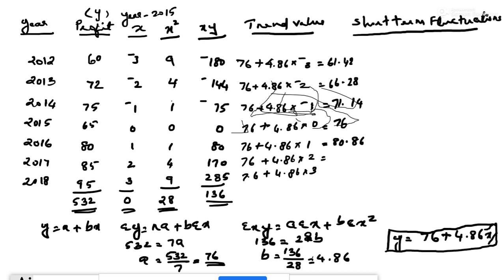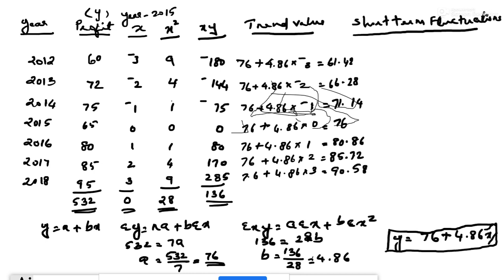Then 85.72. Then 90.58. So these are the trend values. Okay, so the trend value for 2012 is 61.42, then 13 66.28, 71.14, then 15 76, 2016 80.86, 2017 85.72, and finally 2018 it is 90.58. Okay, so these are the trend values.